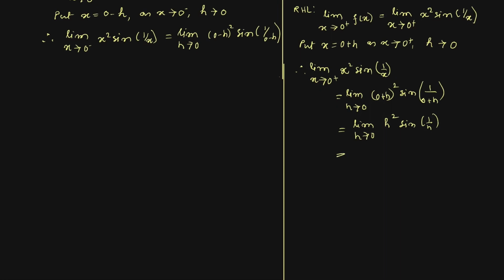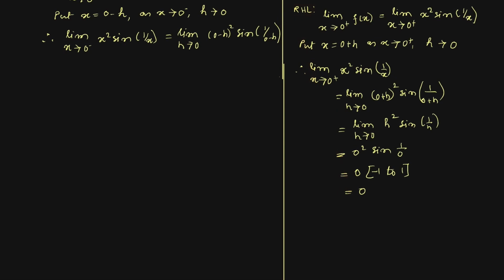So if you put the limit, you will get 0 square sine 1 by 0. We know that the value of sine 1 by 0 lies between minus 1 to 1. So we write 0 into minus 1 to 1, which is obviously 0. Therefore, the right-handed limit is also equal to 0.